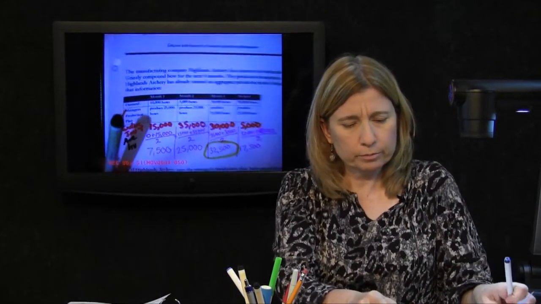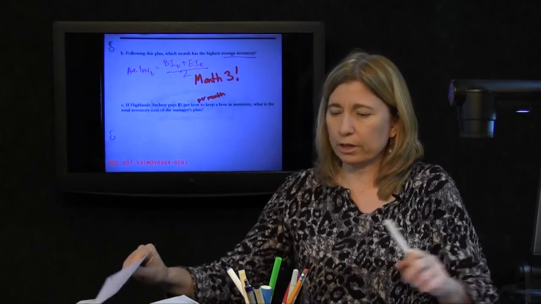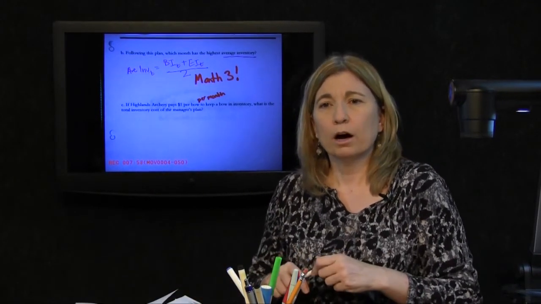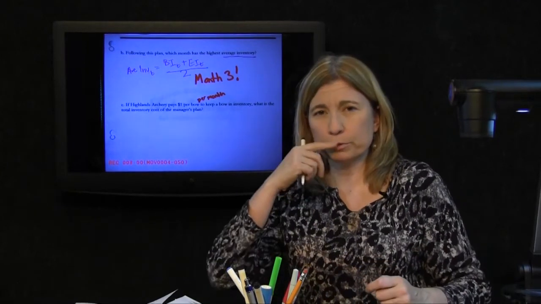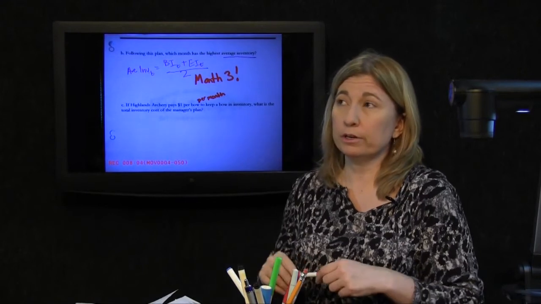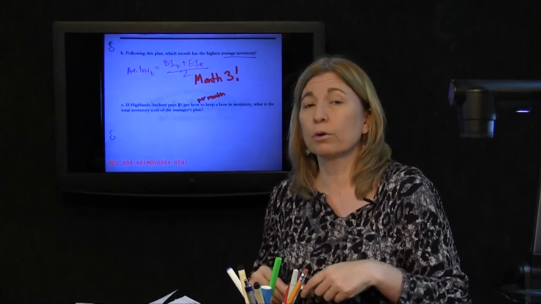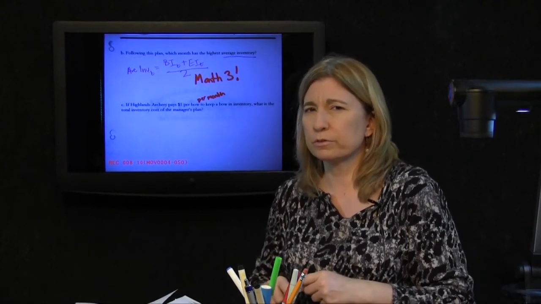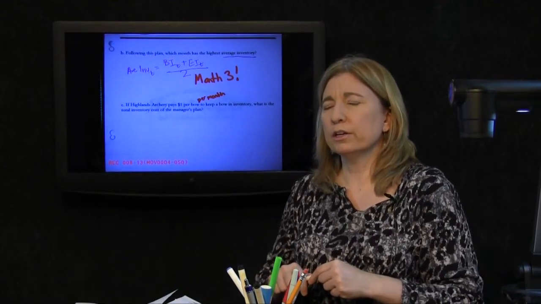The fastest way to determine that is to add up the average inventory. Wait a minute. Add up the ending inventory. Excuse me. It turns out inventory holding costs can be based on either ending inventory or average inventory. The most convenient in terms of arithmetic here would be ending inventory.